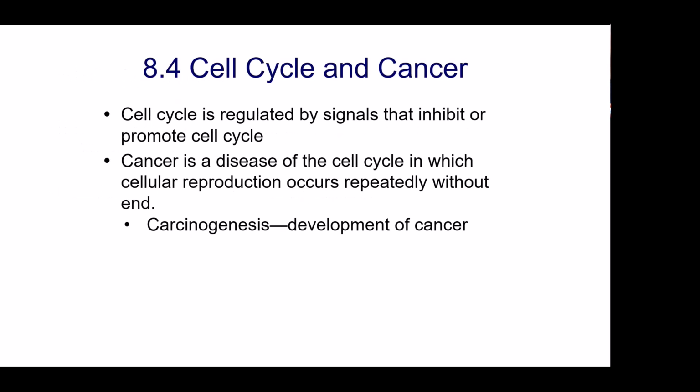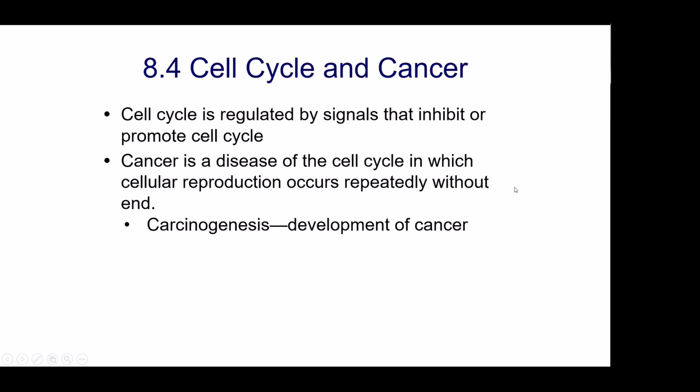So in terms of the cell cycle in cancer, what we're looking at is what happens when the cell cycle doesn't have the normal inhibition signals or normal checkpoints to ensure that the cell cycle goes correctly and as planned and as it should. And essentially, cancer is a disease of the cell cycle where it recurs without end.